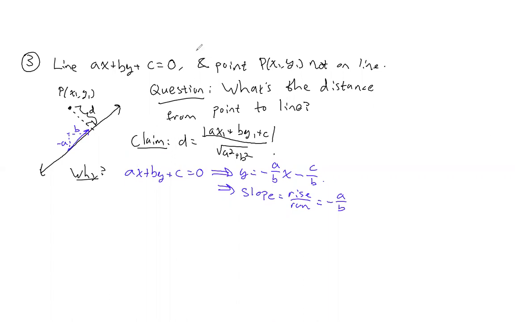What that really tells us is that the vector negative b comma a is parallel to the line. But there's something more interesting. The more interesting thing is that the vector ab is orthogonal to the line.